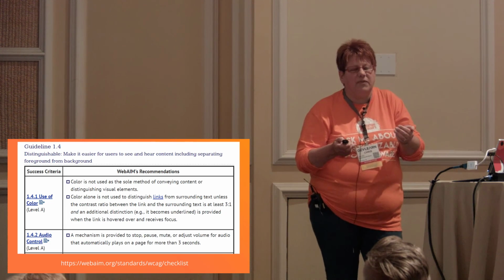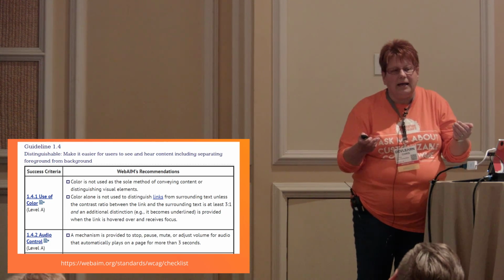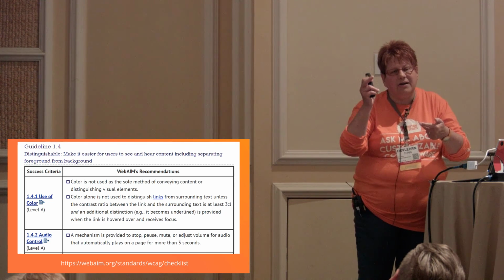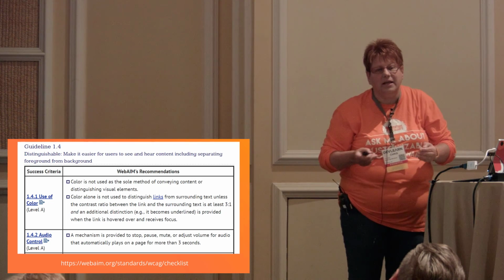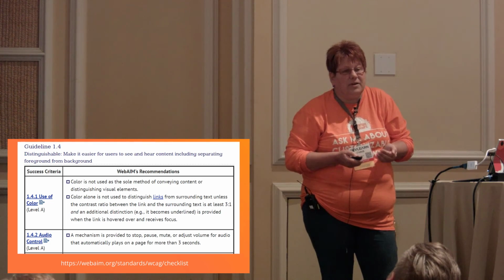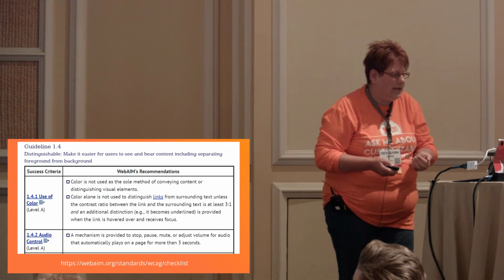You also must provide something else. In our case, when we were giving feedback, we use color, but we also use a check mark for correct and an X for incorrect. Because that way, no matter what, you're getting two different ways. Color is not the sole way of doing it.